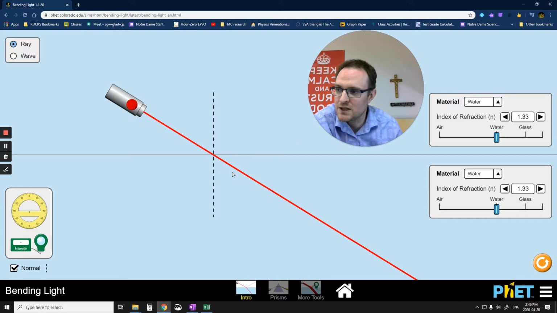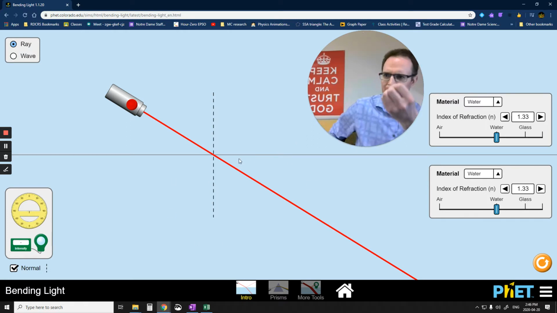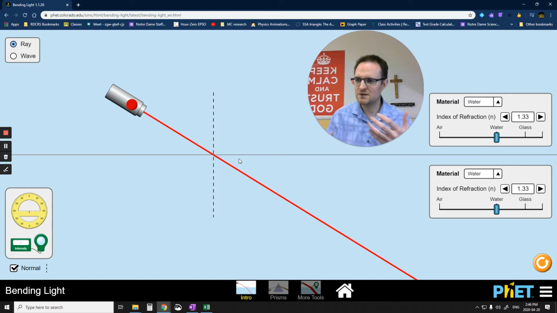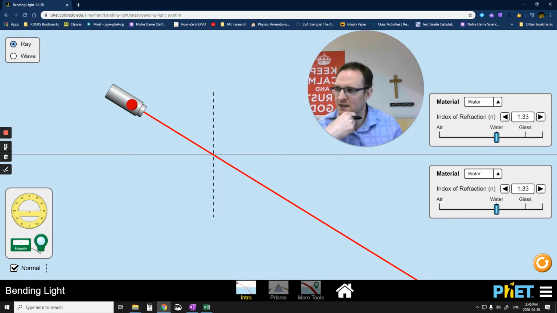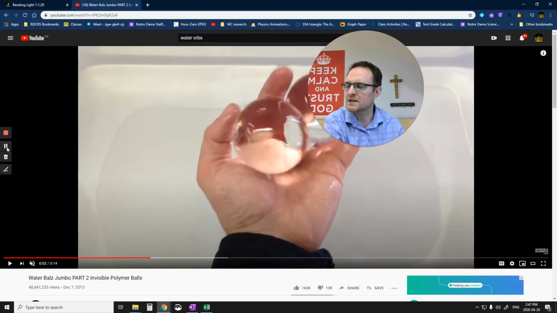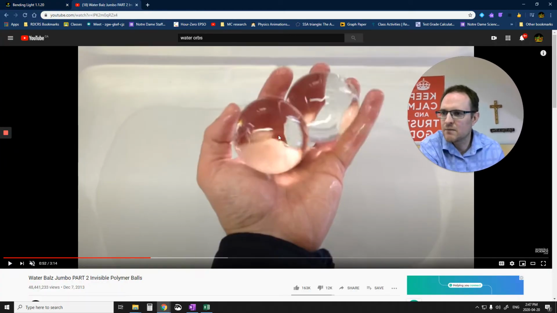Even if it was a totally different material, so maybe like one of those balls that kind of disappear in water, they would just be specifically designed glass that has the same index of refraction. So when you drop it inside the water, it just disappears. I'll show you about that. In this video here, he has these two glass balls in his hand.